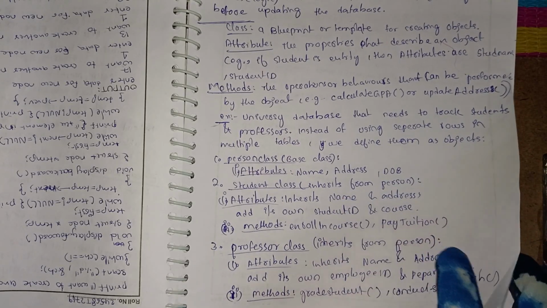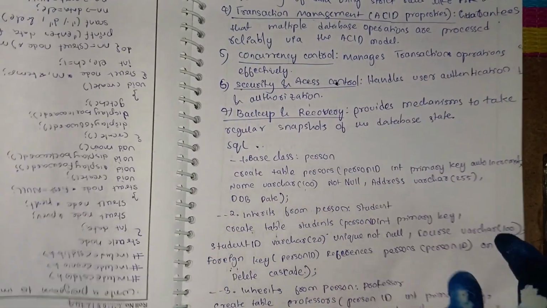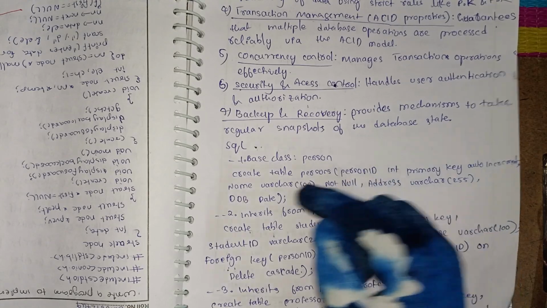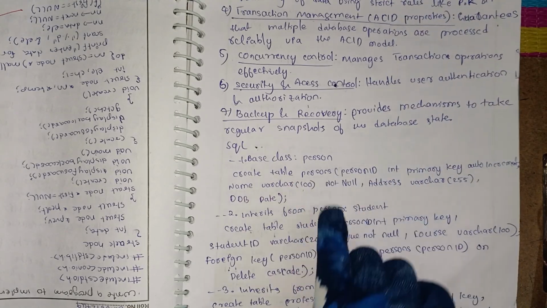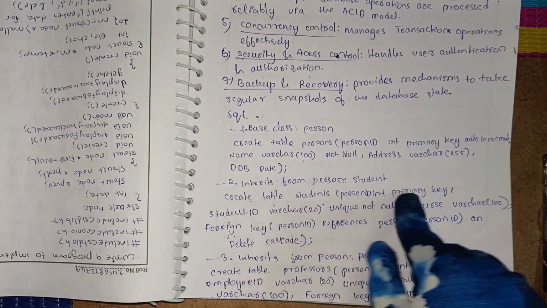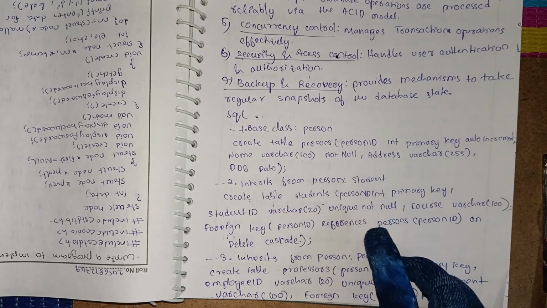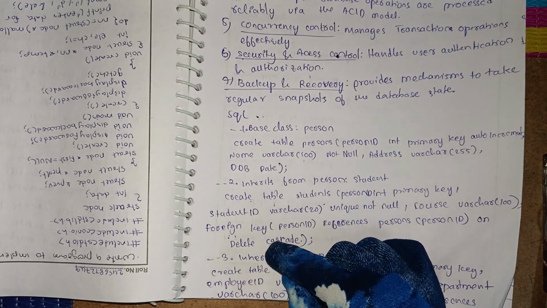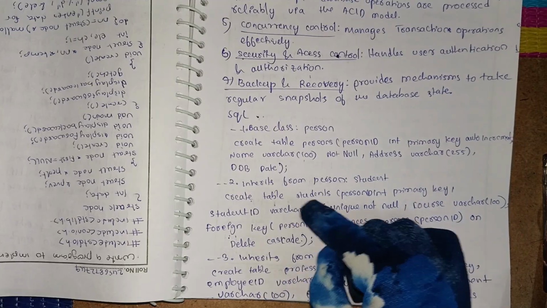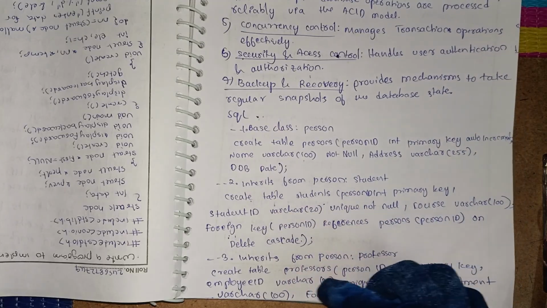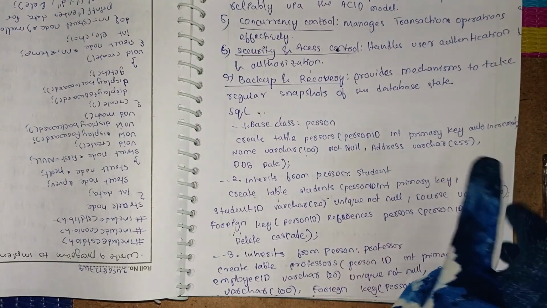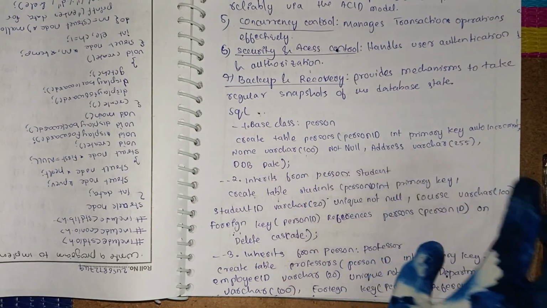The student table and professor table are using the name and address columns of the persons table by using this specific person id as a foreign key they have included in the tables, so that they can access the name and address columns.